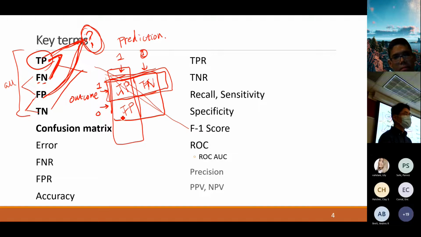It cannot be the second column. The second column is all about negative predictions, some true, some false. Make sense? All right. Now, given these, we can take it further.